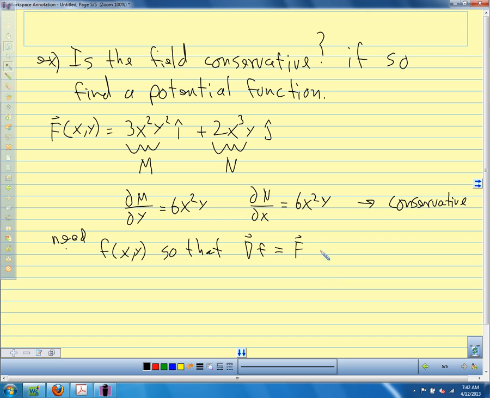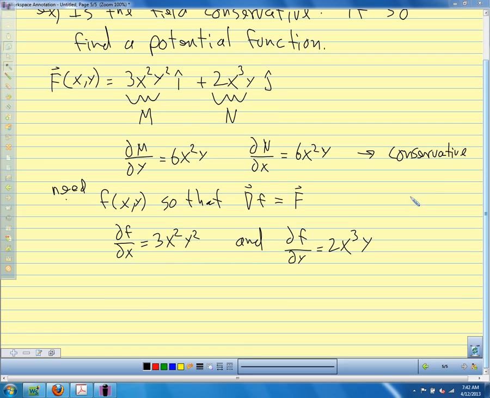So this tells us that df/dx, the partial of our function with respect to x, has to equal 3x squared y squared, and the partial of our scalar function with respect to y has to equal 2x cubed y. So what we have here is two differential equations that we can solve simultaneously.